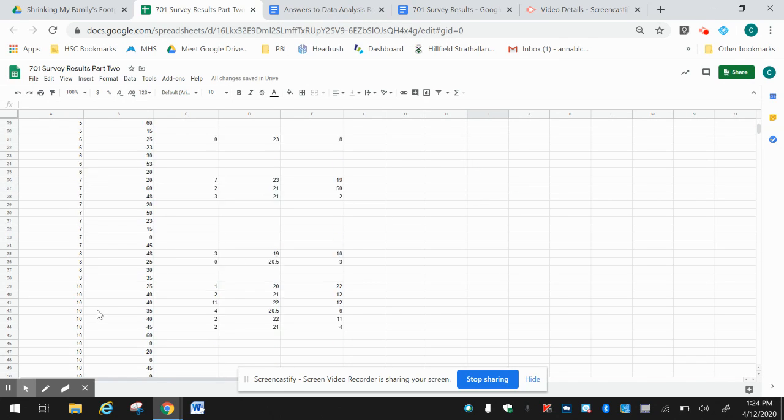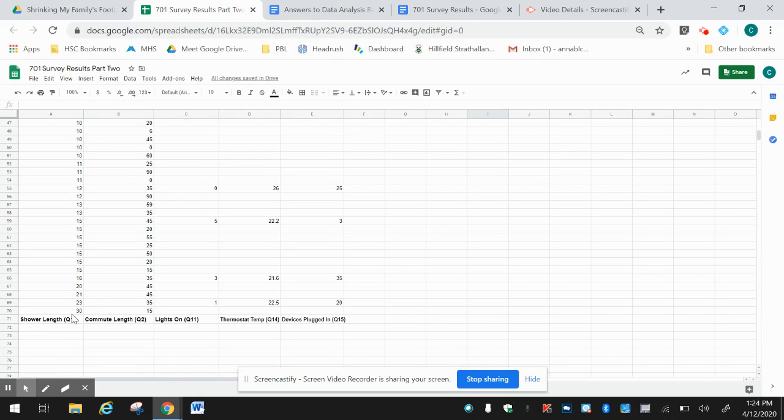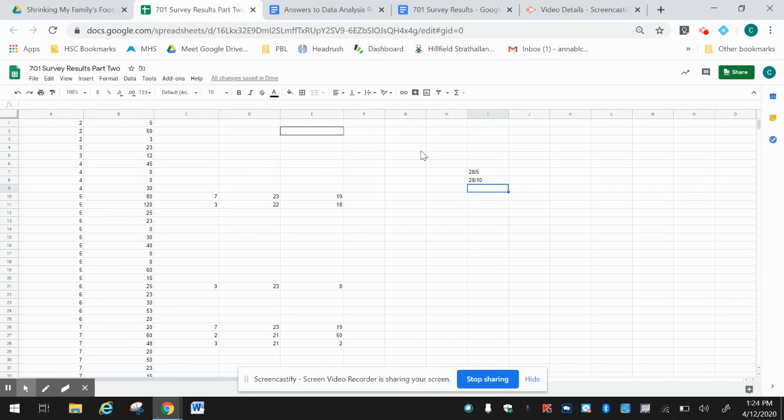The other thing to think about is because your highest number is 30, you could just do something like, as an example, 0 to 4.9, and then 5 to 9.9, and then 10 to 14.9, and so on. Okay, and you can get yourself all the way up to 30.